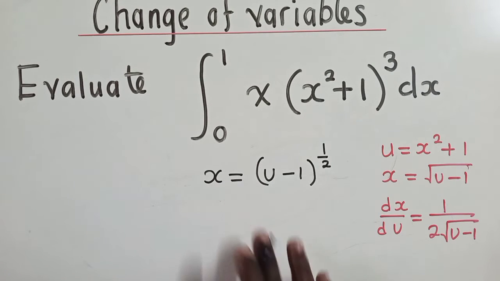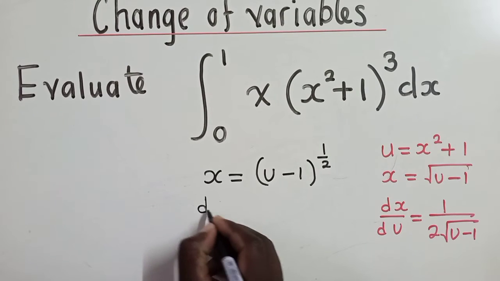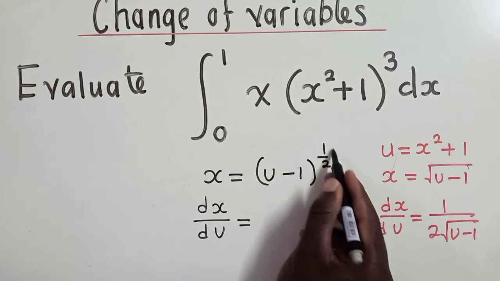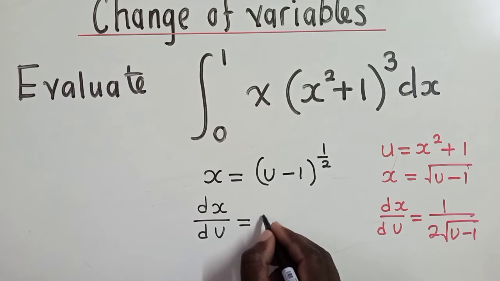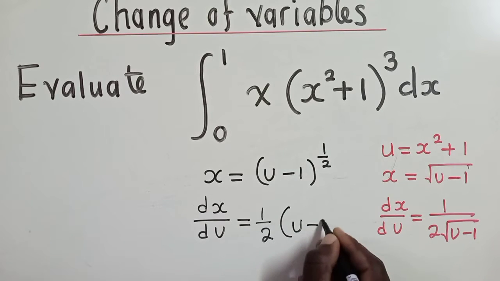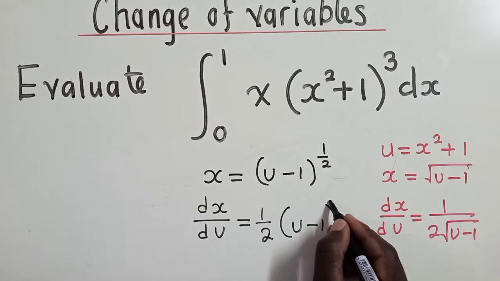Okay. So now once you do this, you say dx over du, which will be, you get this power multiplied by the coefficient that is in front here. In this case, there is a 1. So it will be like this. And this like that.